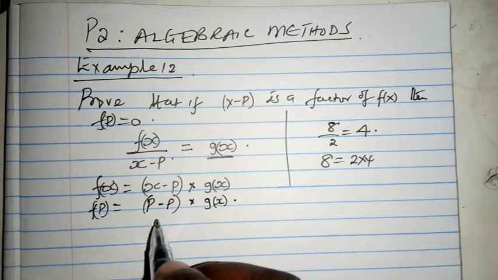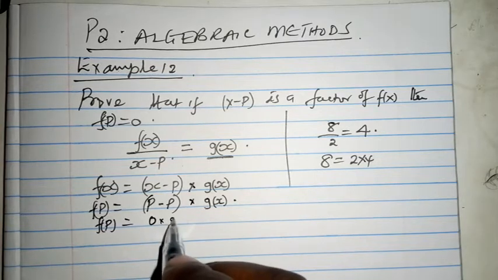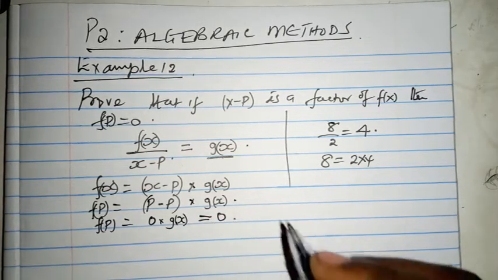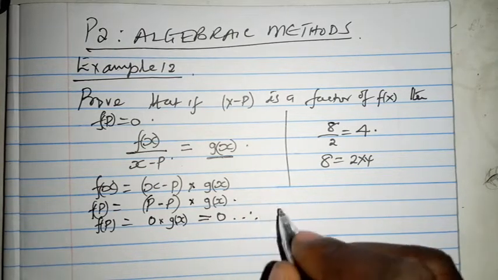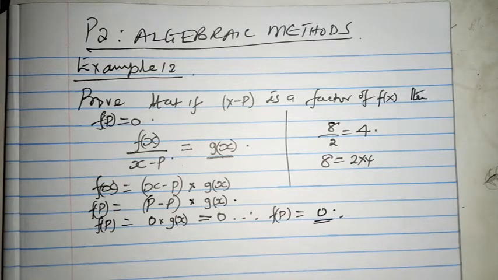And of course, f(p) is equal to 0 times the quotient that was realized, which is just 0. So therefore f(p) is equal to 0. And it has been proven, that is exactly what we wanted to show.